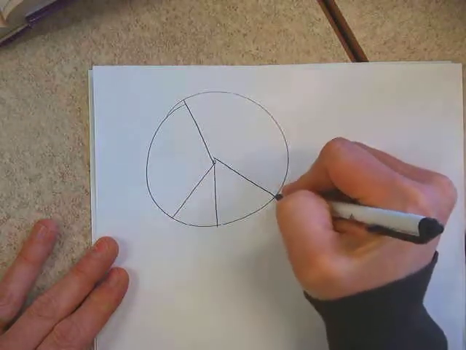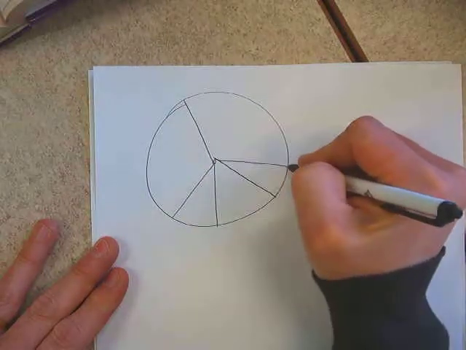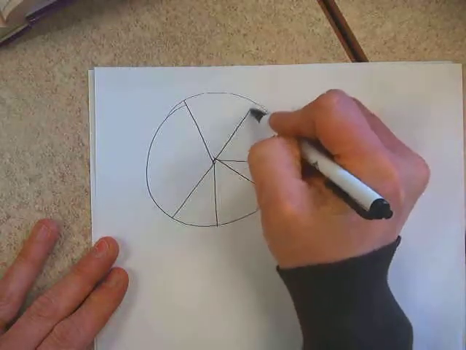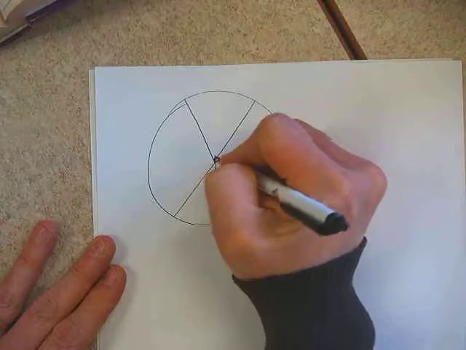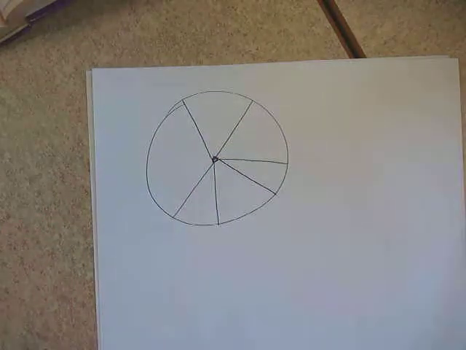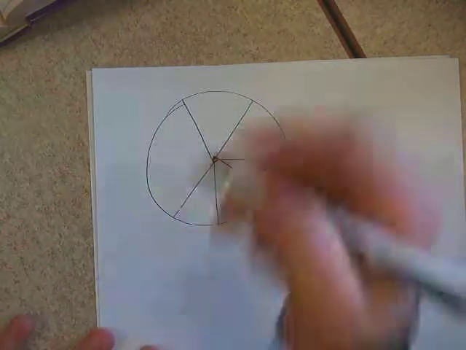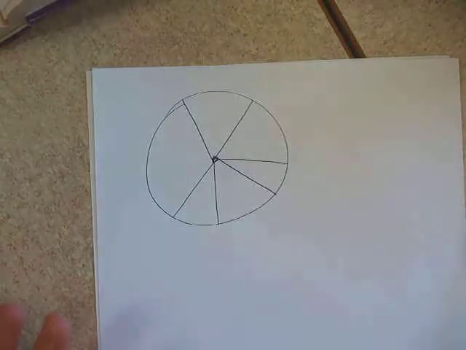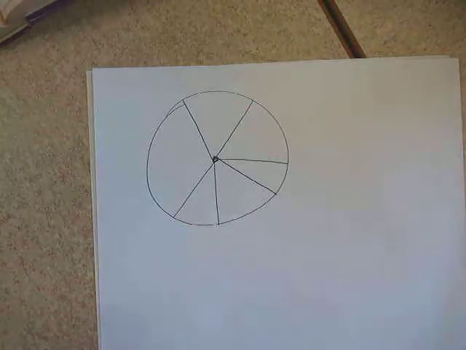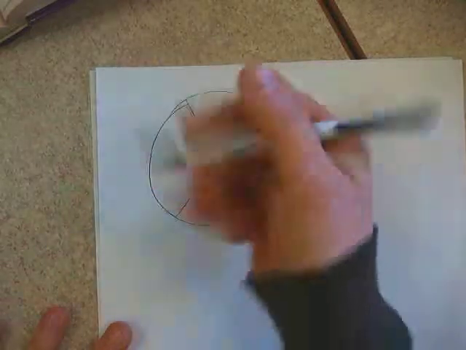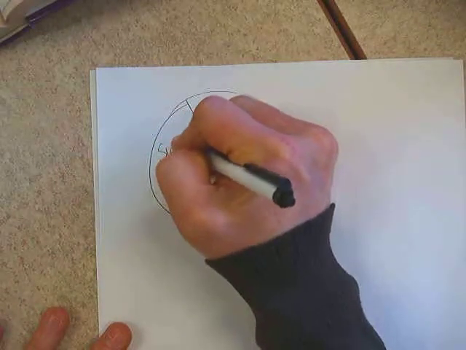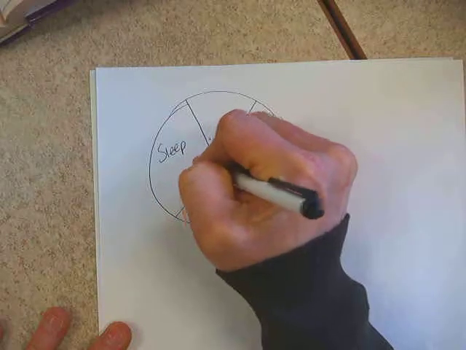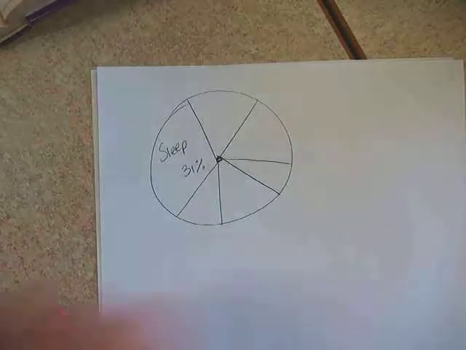It's probably one of the more useful things. These don't have to be perfect, but just so you get the idea. When you look at a pie chart, and this particular pie chart is an example of how someone spends their entire 24 hours.